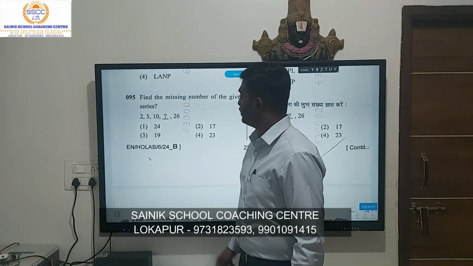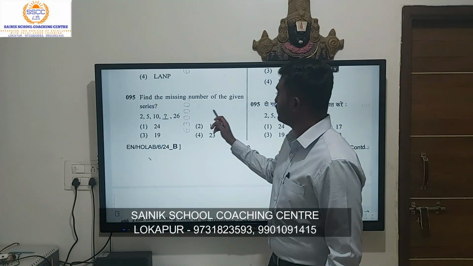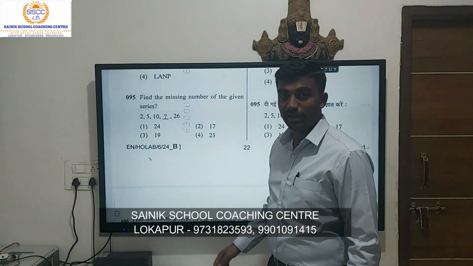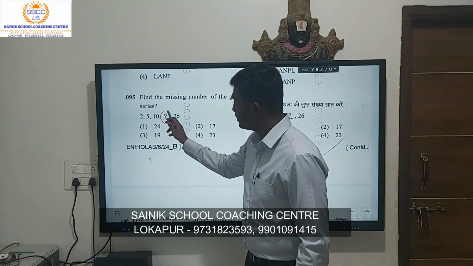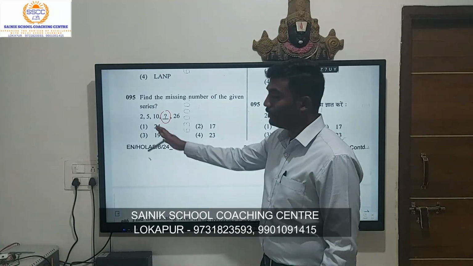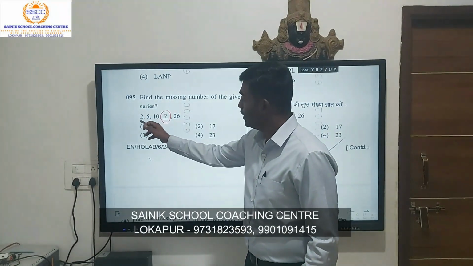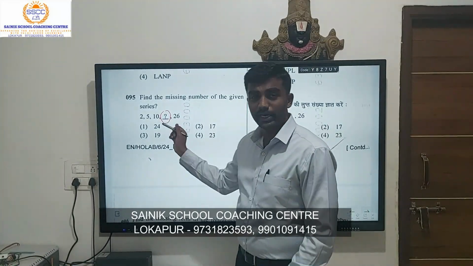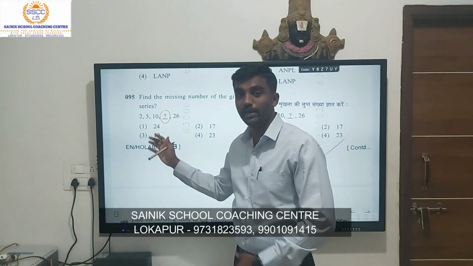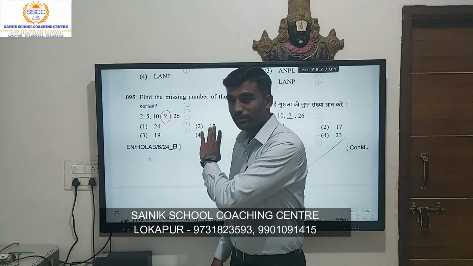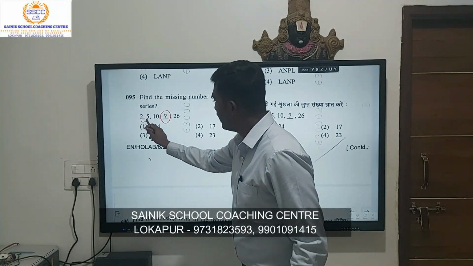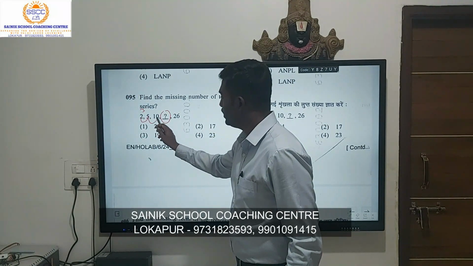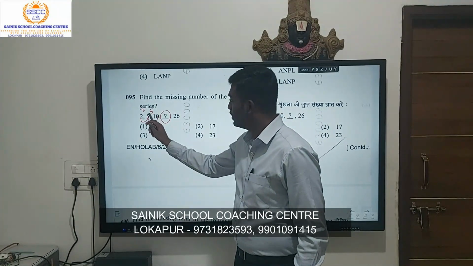Question number 98. Find the missing term from the given series. We have again a series where the middle term is missing. If you look at the series, we see that it is an increasing series, that is 2, 5, 10 and so on. Let's first stick to the basics and find the difference between the given numbers. From 2 to 5 there is a difference of 3, from 5 to 10 there is a difference of 5.